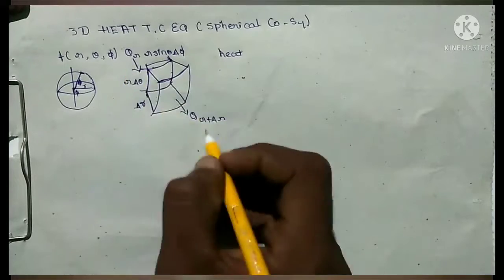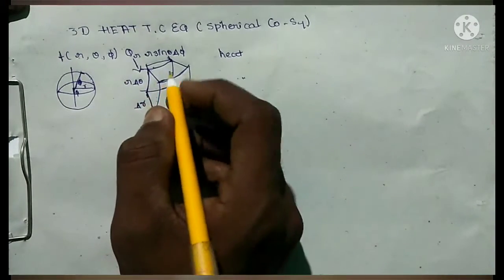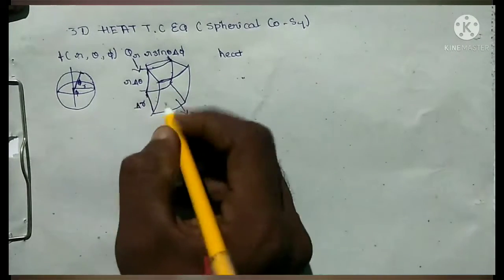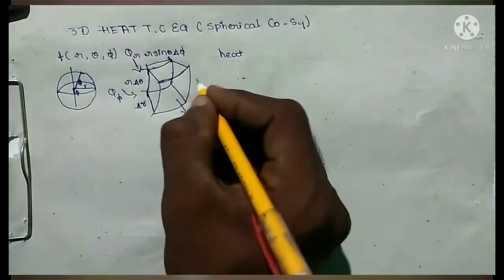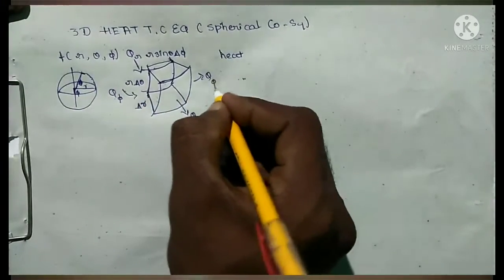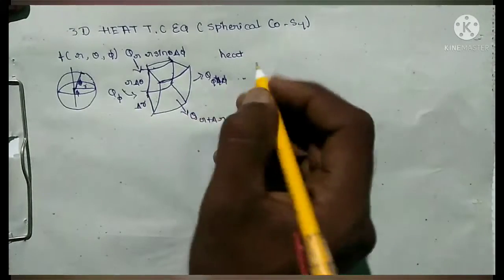This is the radial direction. Next, tangential direction with respect to horizontal, q phi will be the input heat, and q phi plus delta phi will be the output heat.